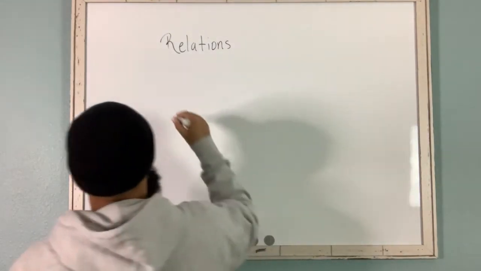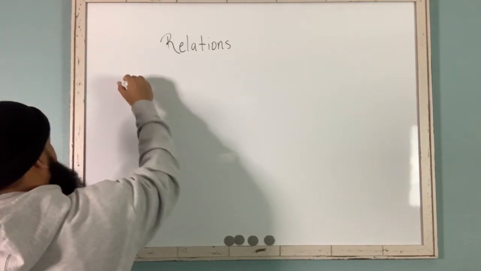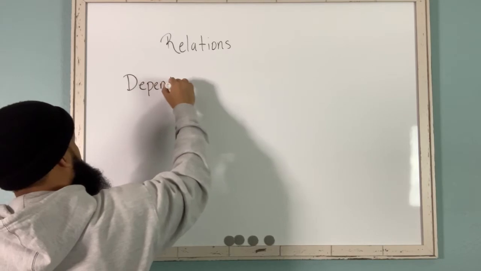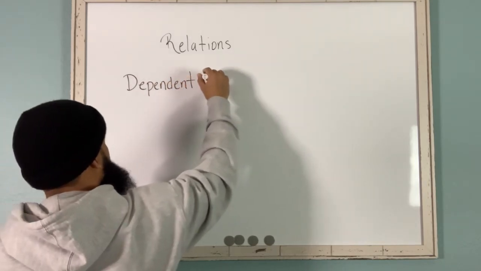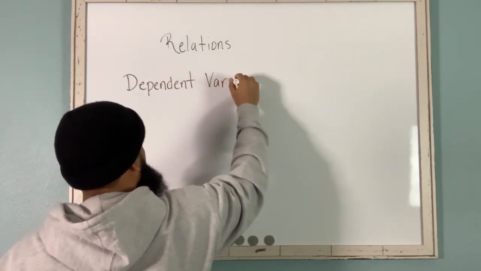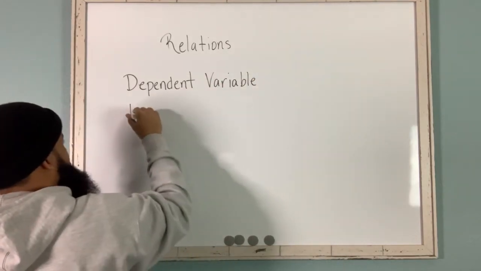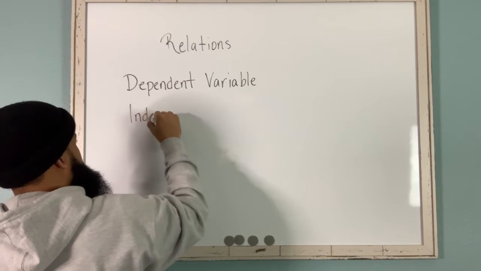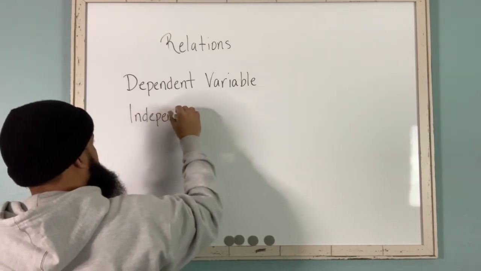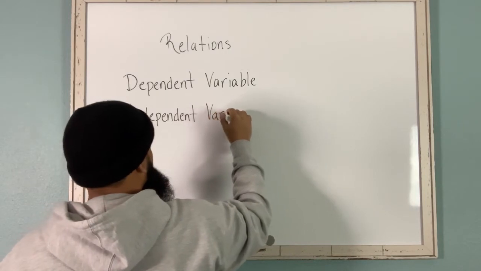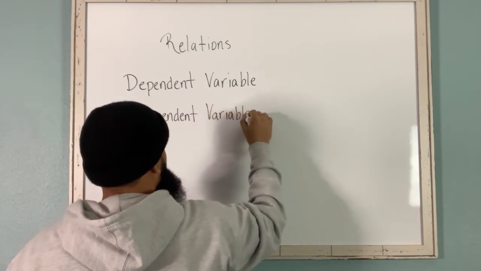So we have a dependent variable, right? And then we have an independent variable, all right?